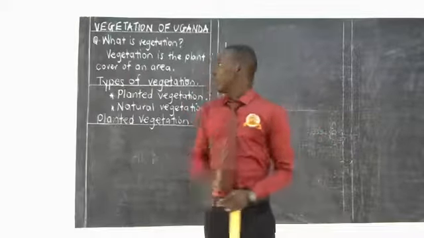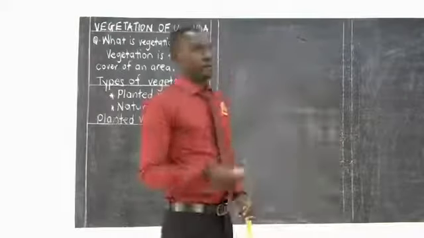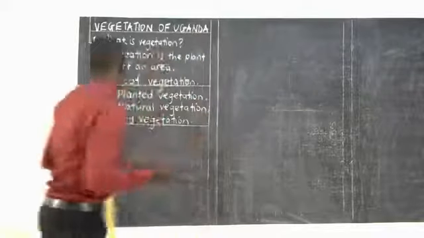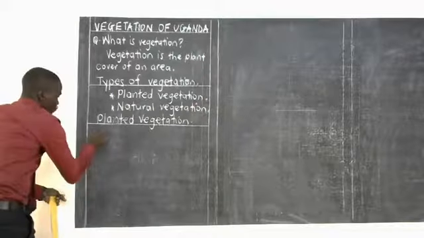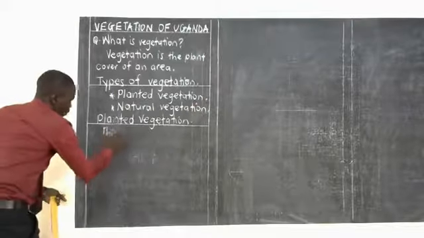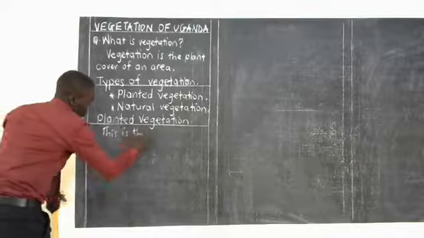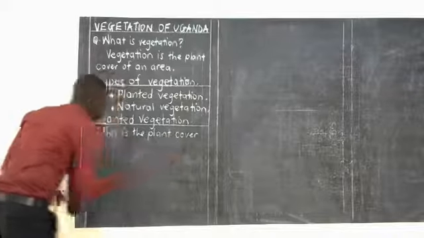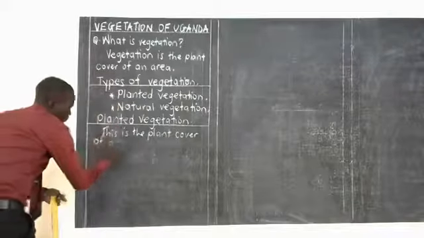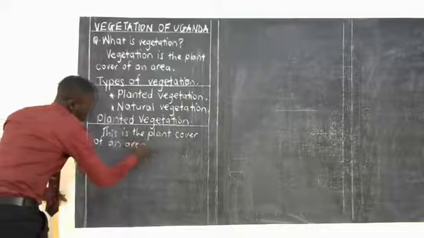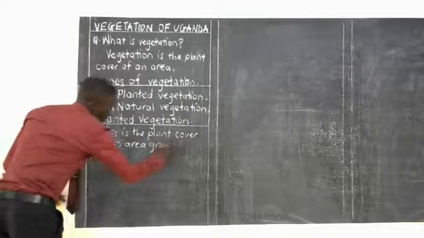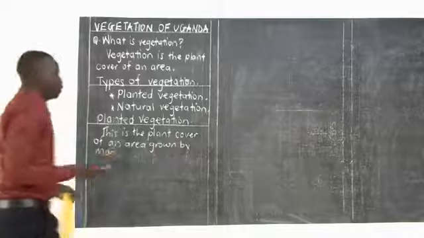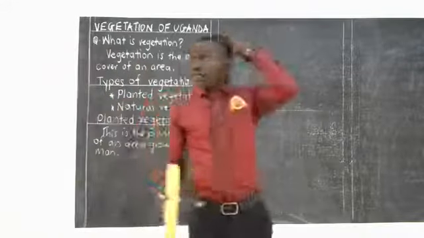So whatever is grown by man is planted vegetation.